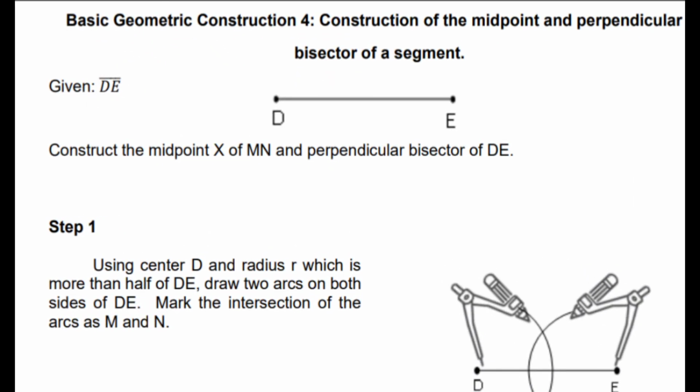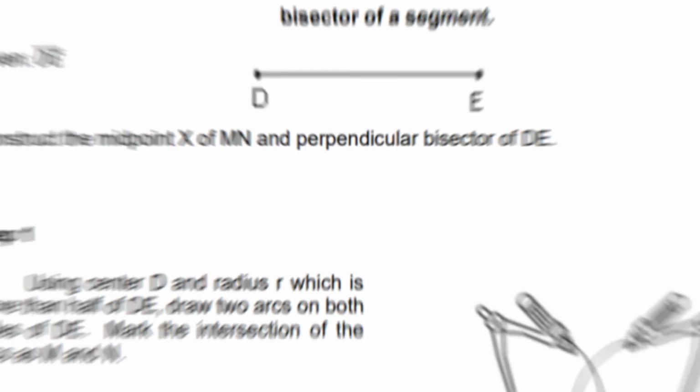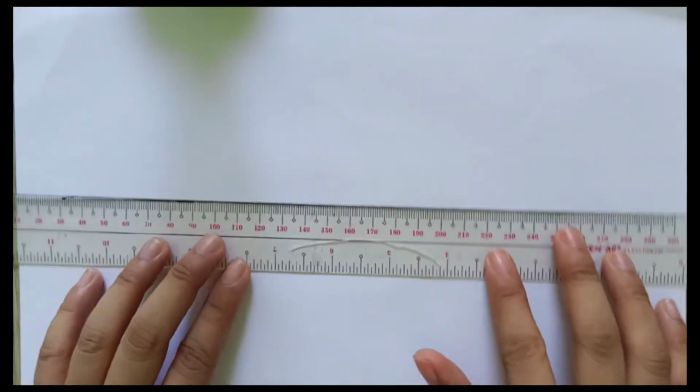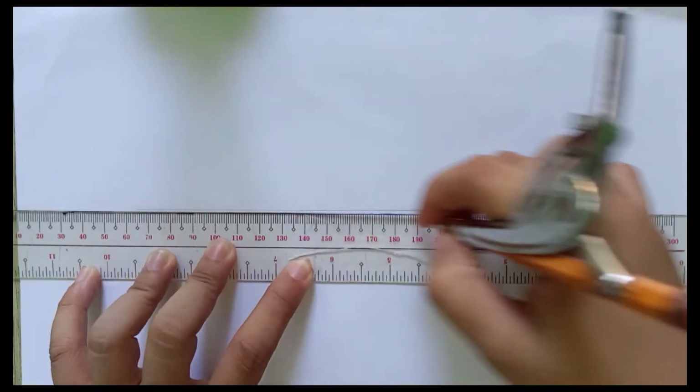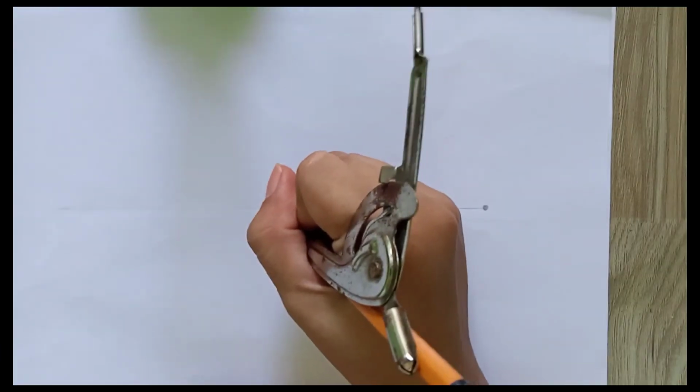So next one, we have basic geometric construction 4, construction of the midpoint and perpendicular bisector of a segment. Here we will construct the midpoint X of MN and the perpendicular bisector of DE.